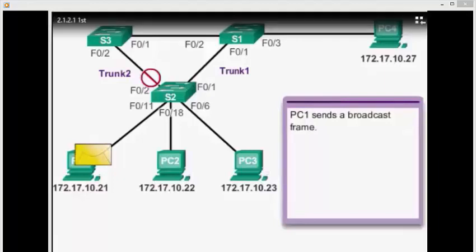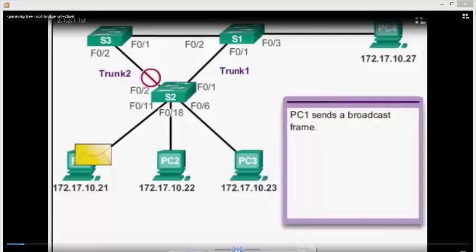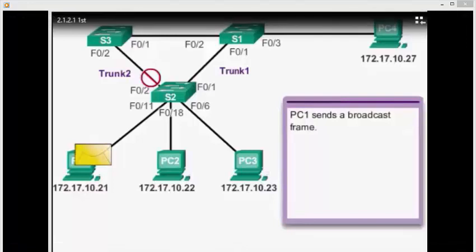But when you introduce multiple switches in a network, there are drawbacks: there may be loops and duplicate frames, which have very severe consequences for the network. To prevent loops and duplicate frames, the Spanning Tree Protocol was developed.